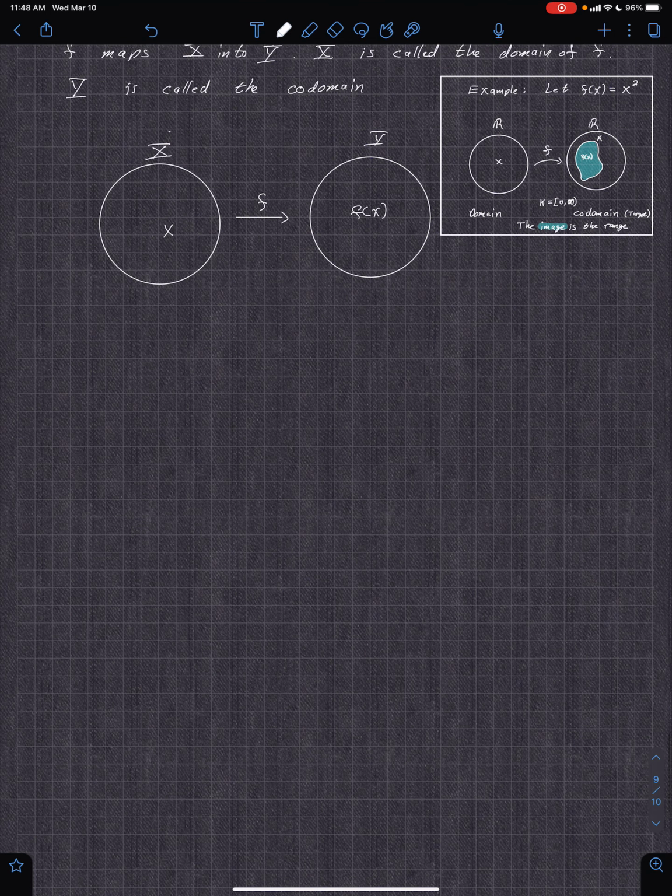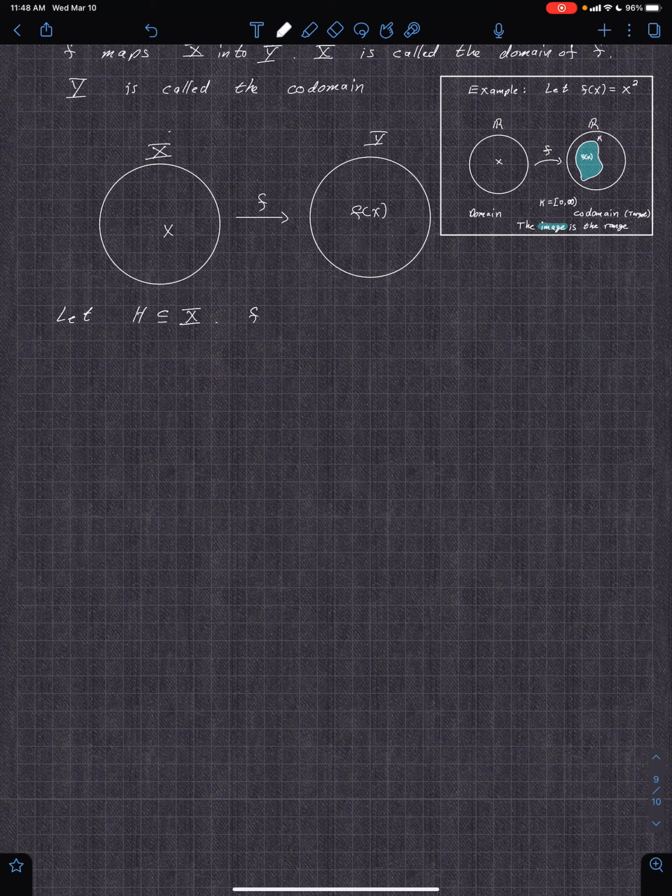Okay, so let's define a couple more things. Let H be a subset of the domain X. Then some notation might look like this.